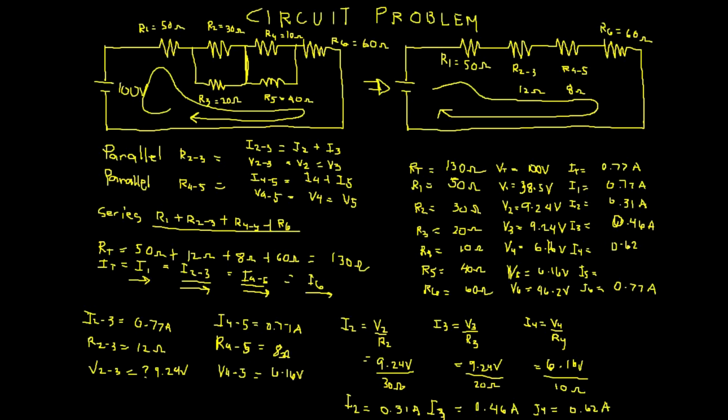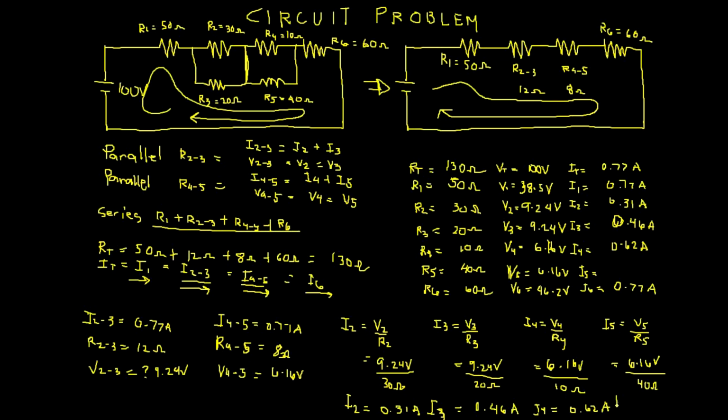So, last is I5. So, V5 divided by R5. So, ang V5 natin is 6.16 volts divided by ang R5 natin na 40 ohms.